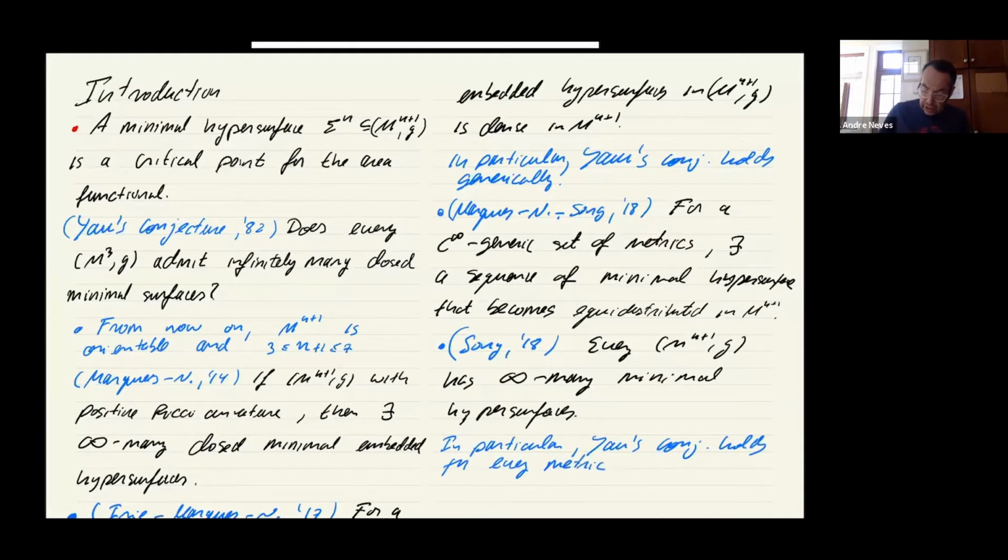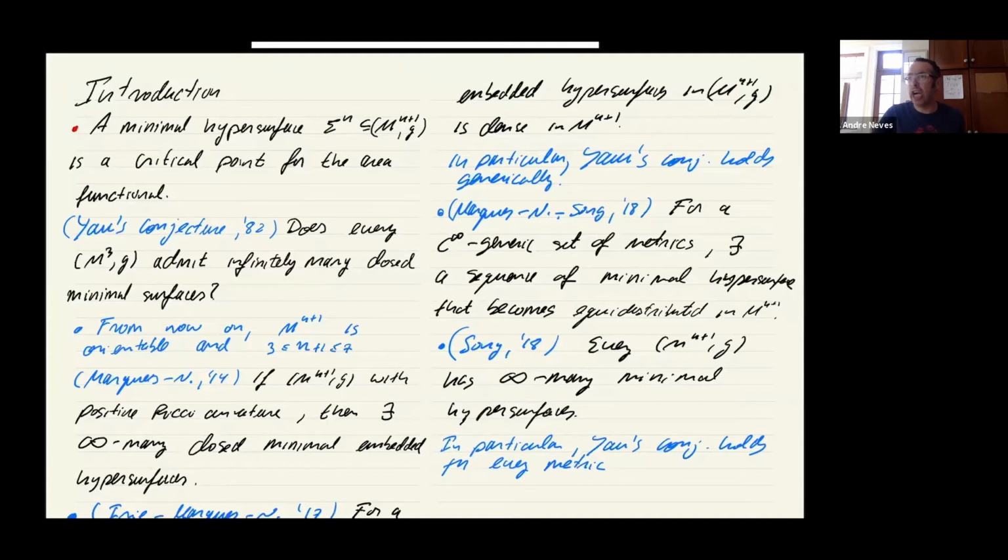Okay, and so it's worthwhile to stop a bit here, because if we, again, the first result on existence of closed geodesics, that was due to Birkhoff, I think in 1912. And then there was a tremendous amount of work.